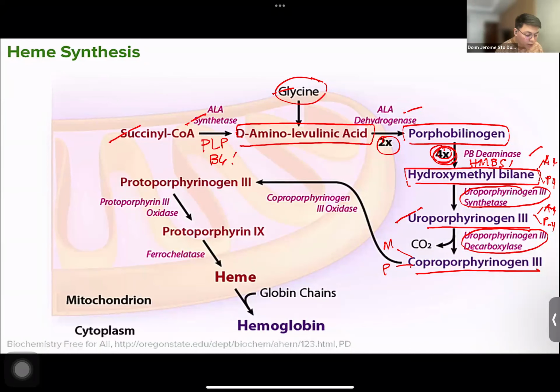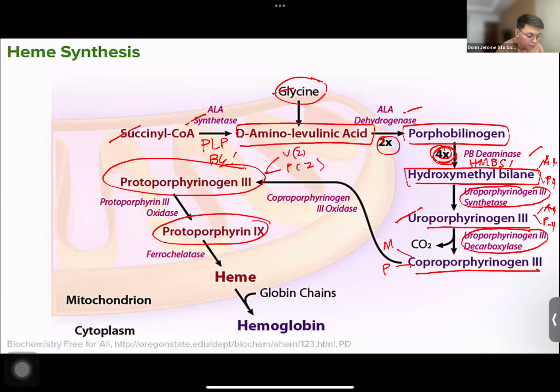Coproporphyrinogen would go back to the mitochondria to undergo series of oxidation, initially to your protoporphyrinogen, converting some of the propionate side chain to vinyl side chain, methyl 4. Okay? And protoporphyrinogen 9 would oxidize to protoporphyrin 9, eventually addition of iron with the use of ferrochelatase to form now your heme.